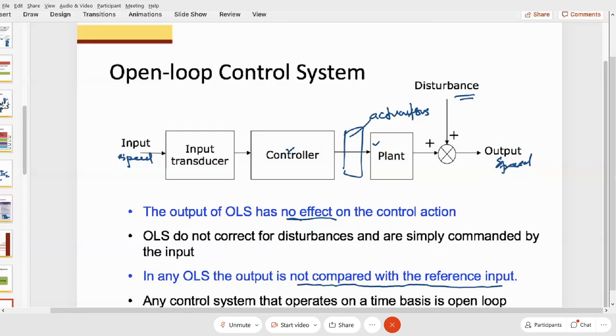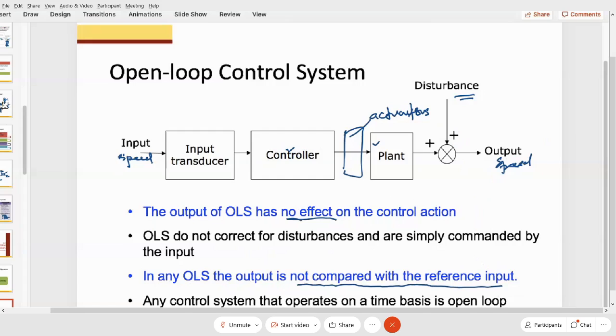So any control system that operates on a time basis, meaning that we use a timer, something like a toaster. You set the timer 3 minutes, 2 minutes, and then your system will heat up the bread and so on, but does not measure the color, just based on the time setting.